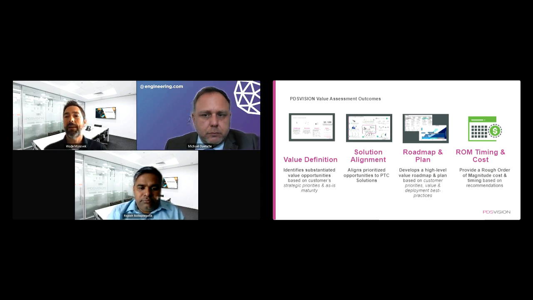But we also can take a solution. Sometimes maybe engineering comes to us and says, hey, we know we need to implement a PLM system that takes care of bill of material management and change management. We're doing all that in Excel spreadsheets and with paper-based forms, and we know it's not efficient. We want to do that. How do we sell it internally? And we can take that solution to a known problem, and we can help align the business goals to it.